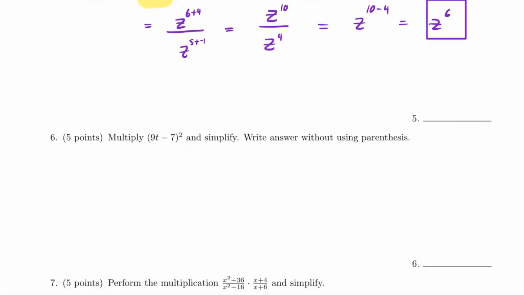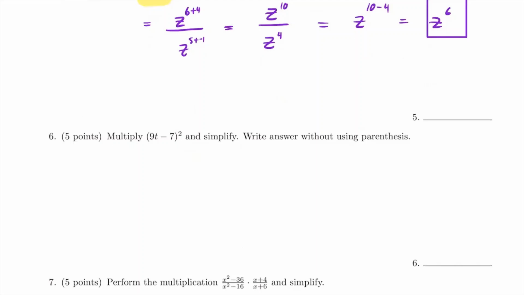We're going to be multiplying and simplifying this. So if I have an expression to the second power, this means I have the same expression twice. This is 9t minus 7 times 9t minus 7. And we distribute. So this times that, and then this times that, and this times that.